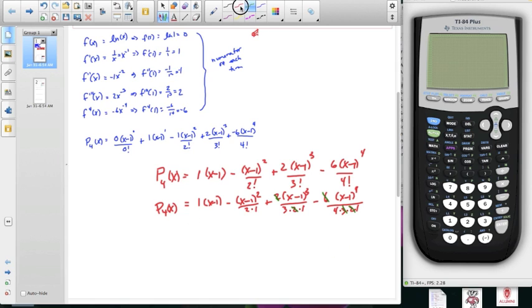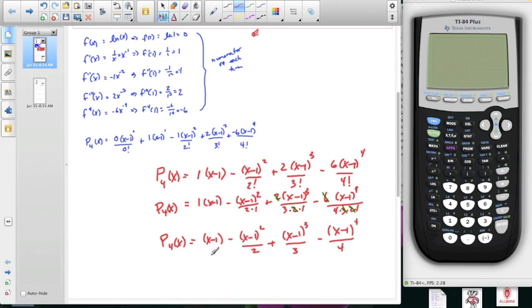And so we end up having this polynomial approximation that really looks like x minus 1, minus x minus 1 squared over 2, plus x minus 1 cubed over 3, minus x minus 1 to the 4th over 4.